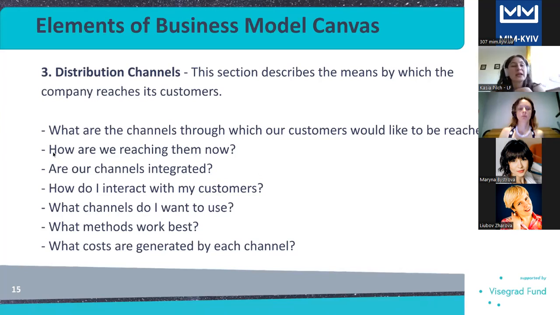And then, how are you reaching your customers now? Are your channels integrated, or are they separate? Do they go together, like you can go from a physical store and find information about the website, so there's some kind of connection for people to move between the channels?